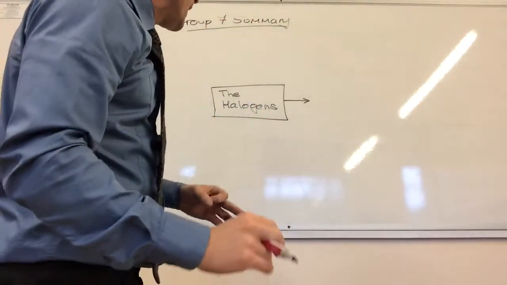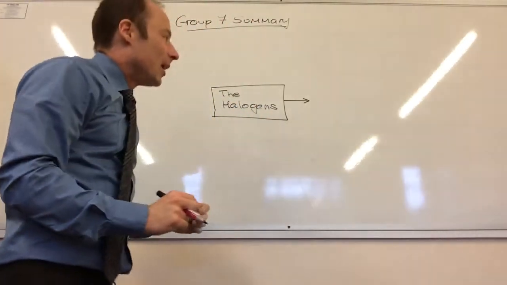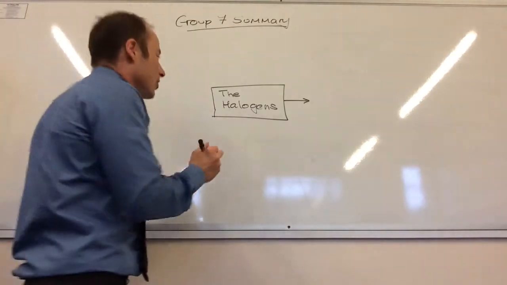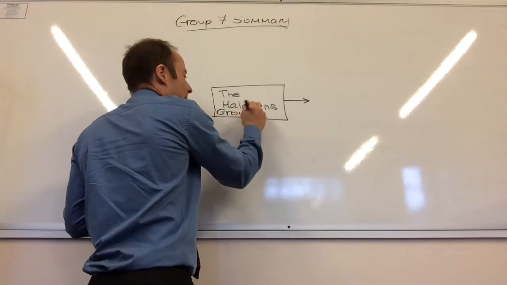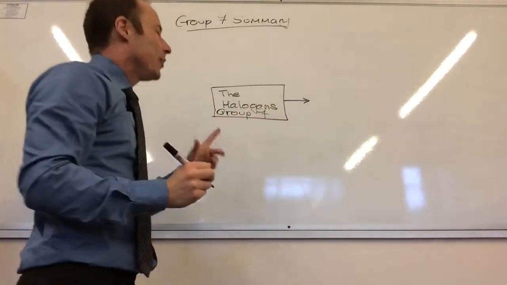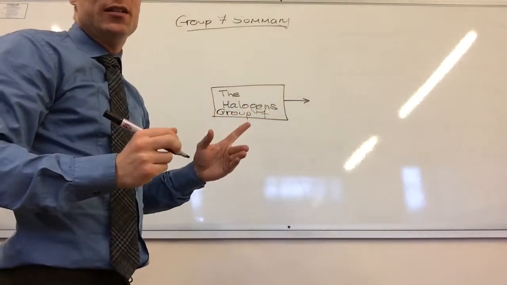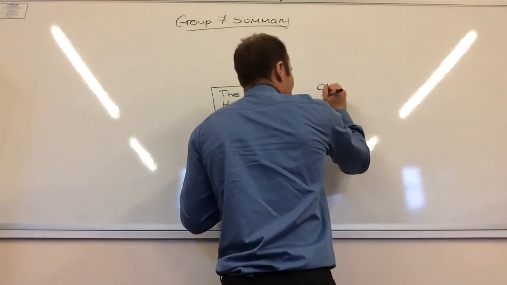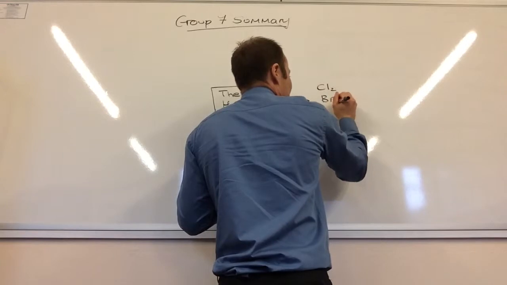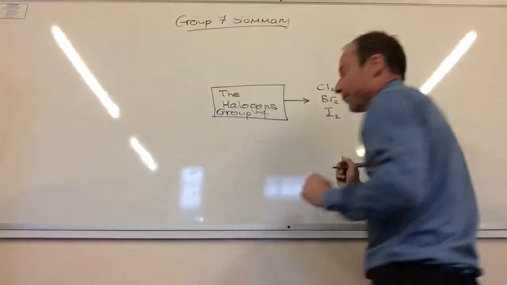So, to make sure that we're happy, first of all, group 7. The halogens are group 7 in the periodic table. Now, there are 3 that we study at AS. They are chlorine, bromine, and iodine.